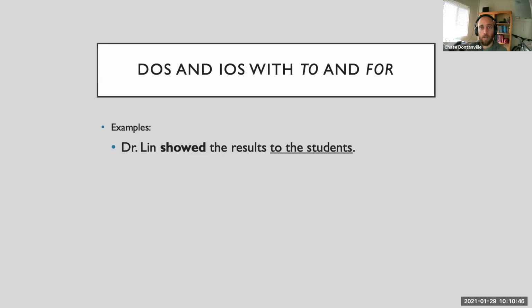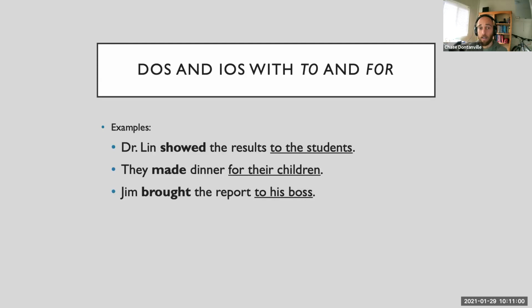Okay, so with show, we use to. They made dinner for their children. So make with for. Jim brought the report to his boss, or Jim brought snacks for the team. So with brought, you can use to, or you can use for.